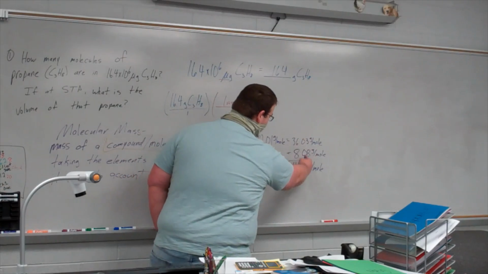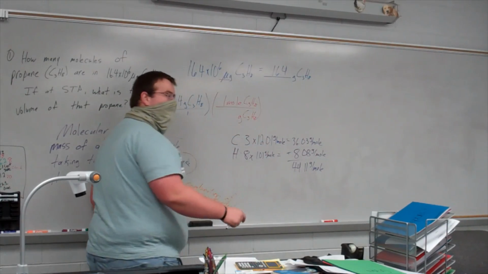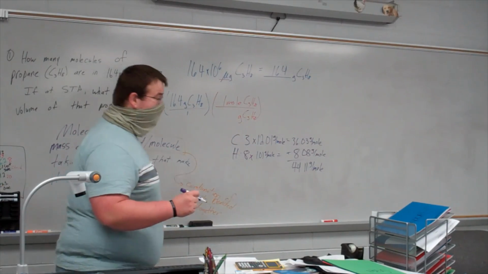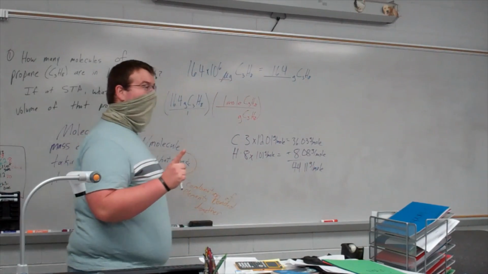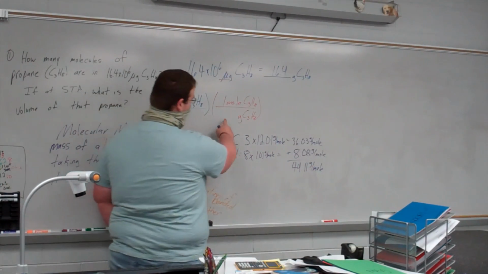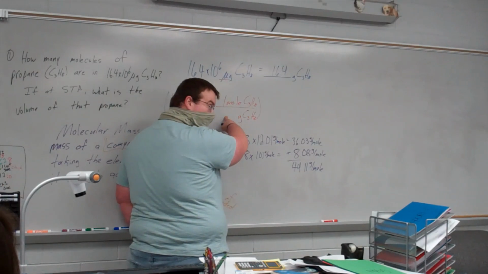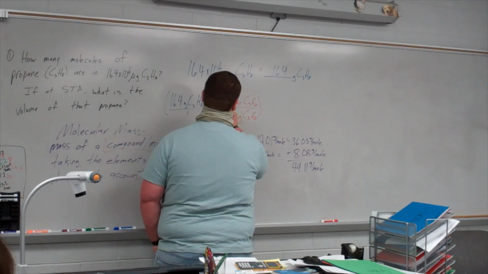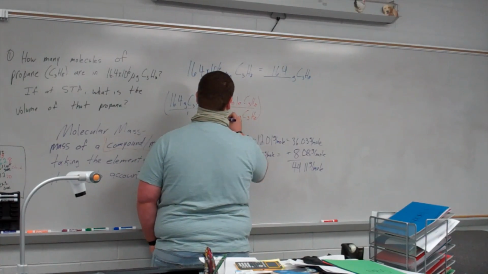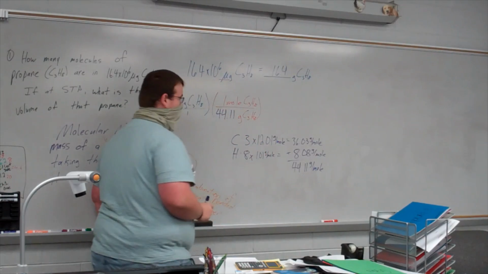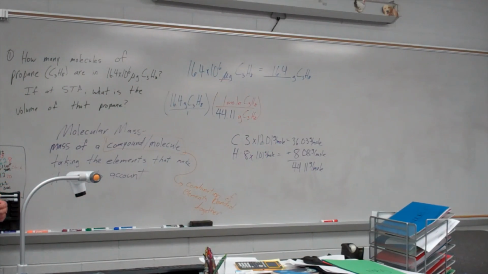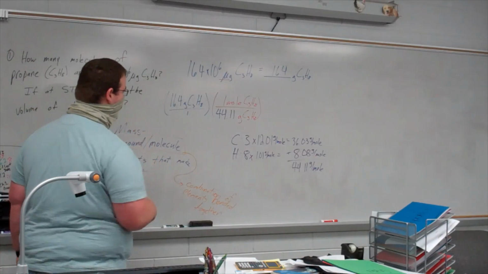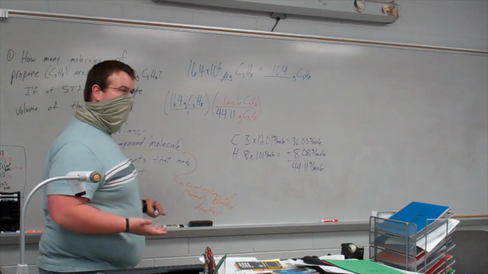And here's the thing. When you come up with this molecular mass, this number always follows gram. And that's important because look where I left the empty spot here with the grams. So 44.11. Now here's the beautiful thing that takes place when we do that.